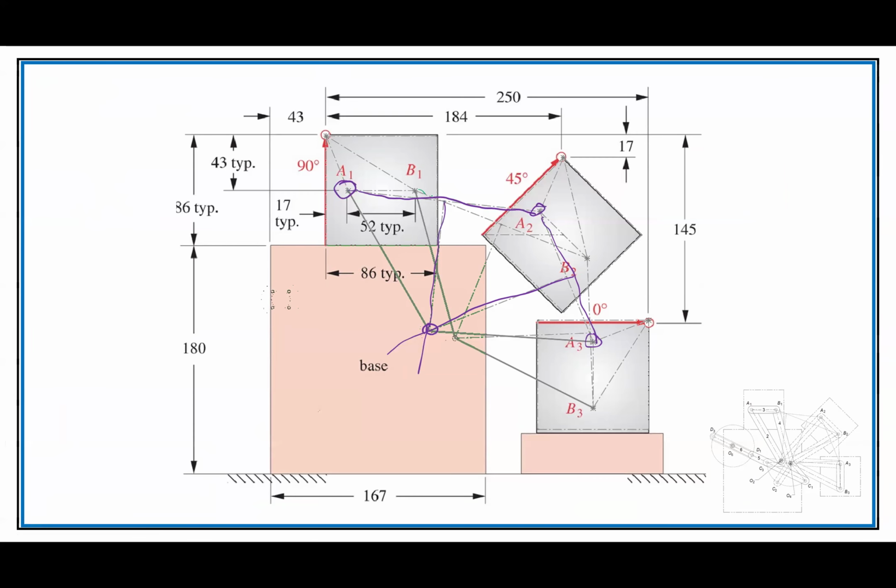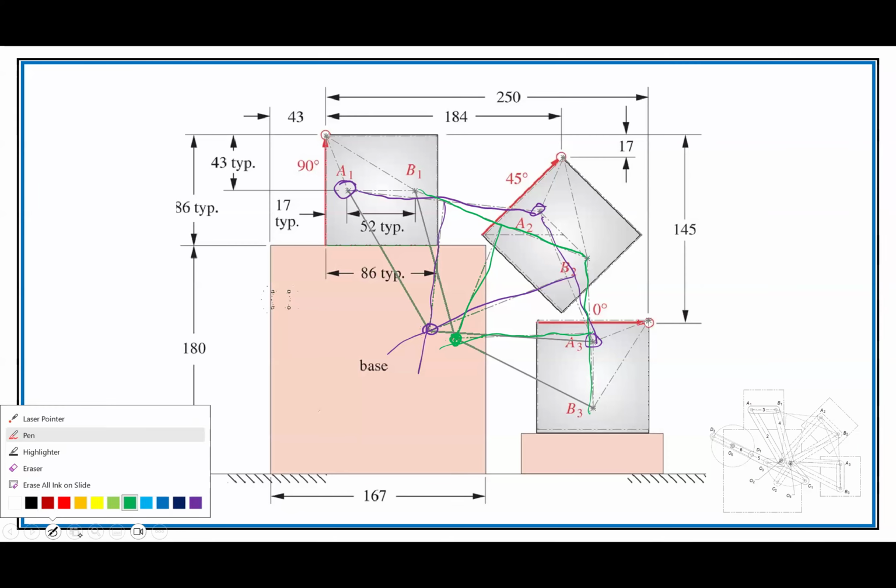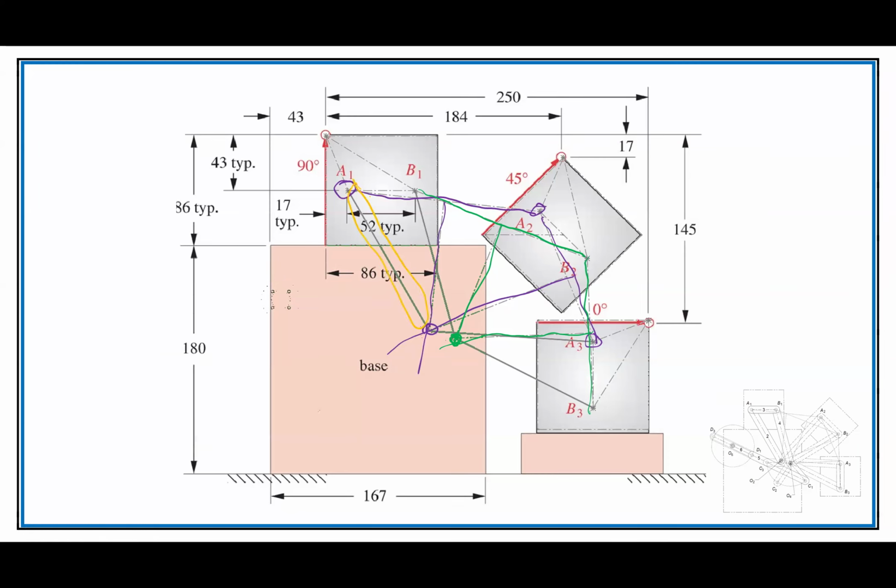We go between B1, B2, and B3, and we find, kind of hard to see in here, it can be kind of confusing right there. So we're able to find these two connection points for legs, and then between the legs, we are able to make legs between those connection points.